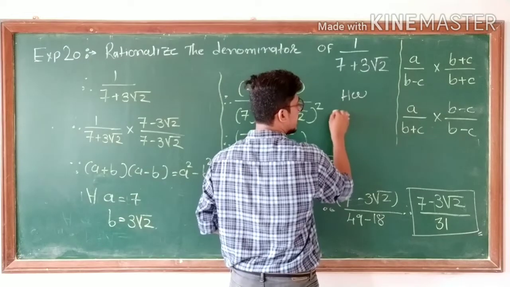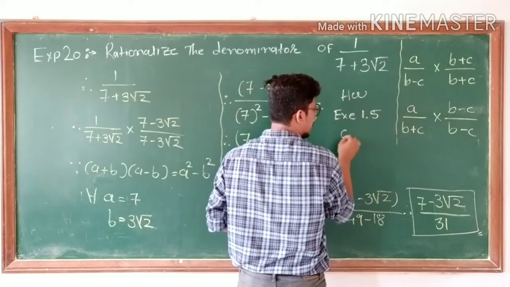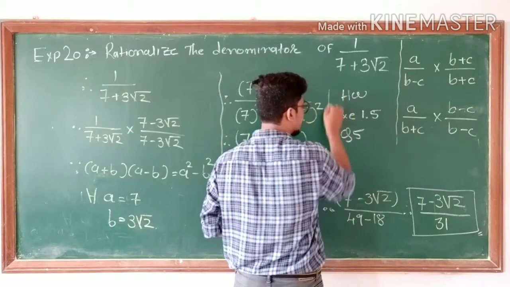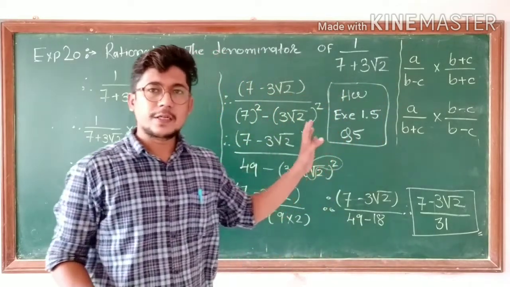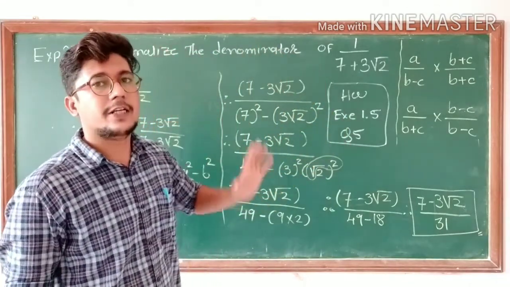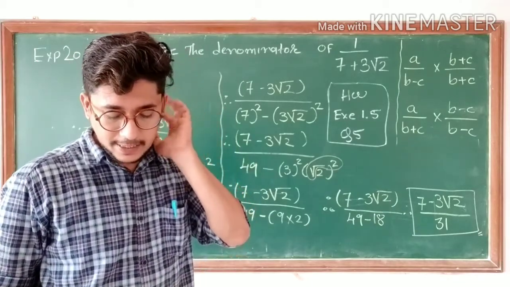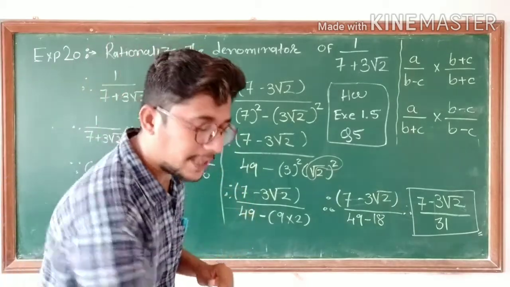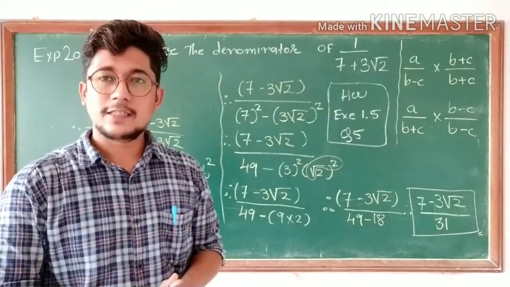Homework: Exercise 1.5, question number 5. It will be your homework. It has the same problem as we have done. Rationalize the denominator, and I think it is very easy. Only practicing is required. So practice well. That is how you will get a grip on mathematics. So till then, thank you so much.